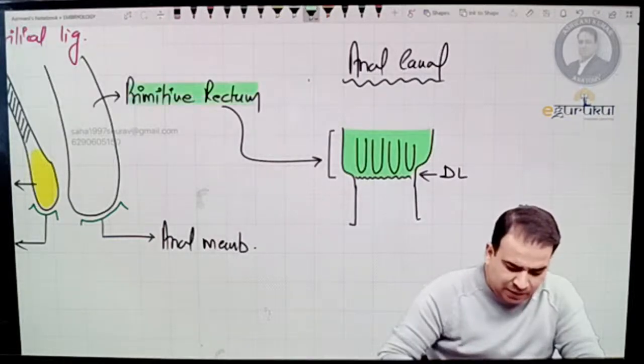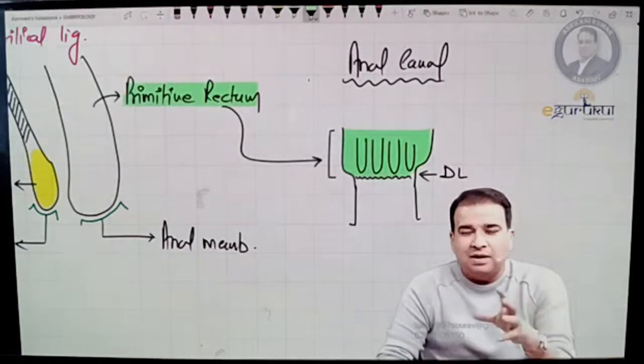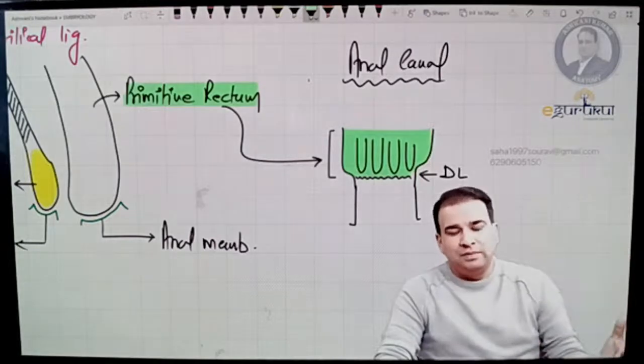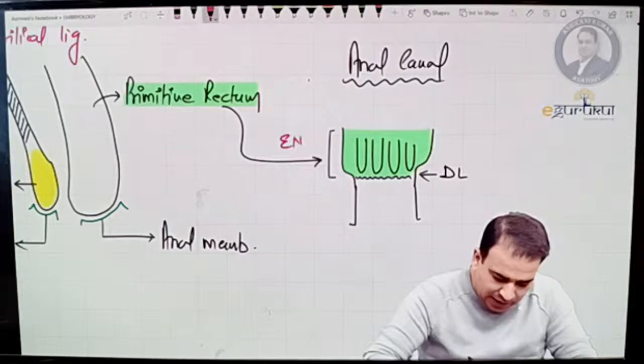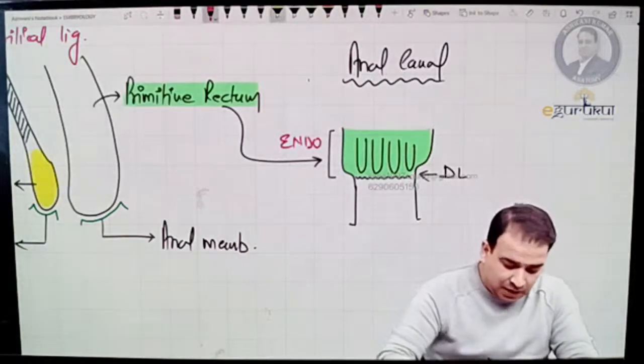And see where the primitive rectum is coming from. The primitive rectum is from the hindgut. The hindgut, remember, was from the yolk sac. And the yolk sac is what? Endodermal. So this portion of the anal canal is the endodermal part, which is contributed by the primitive rectum.